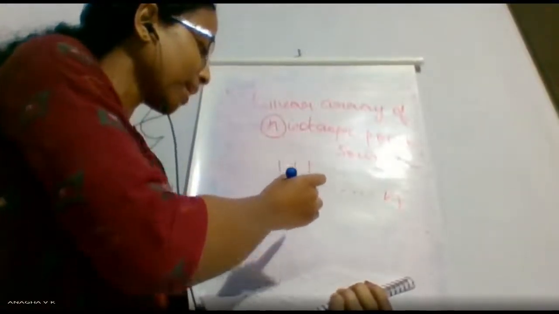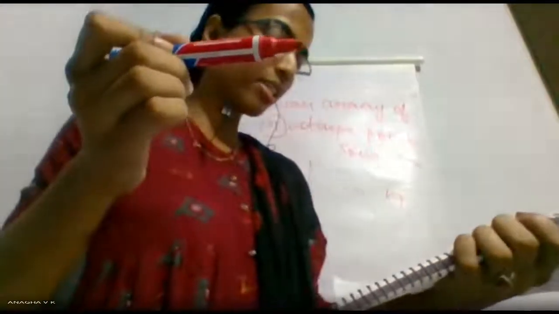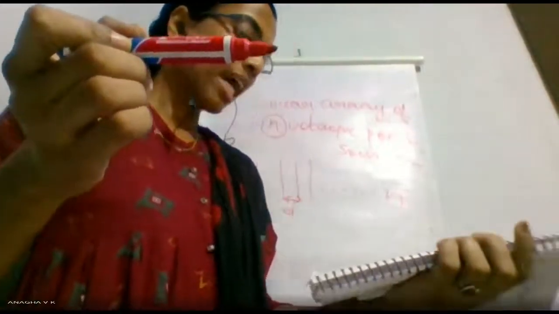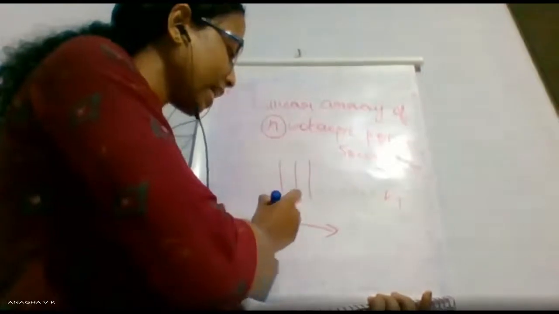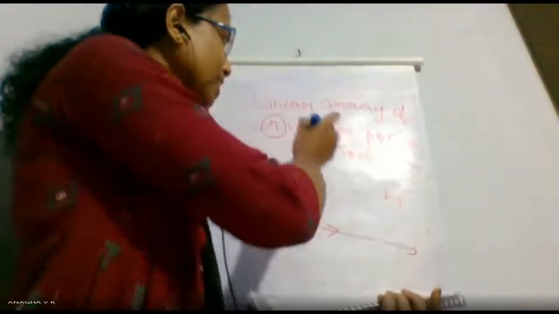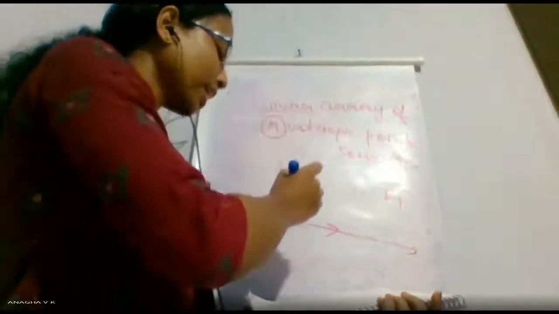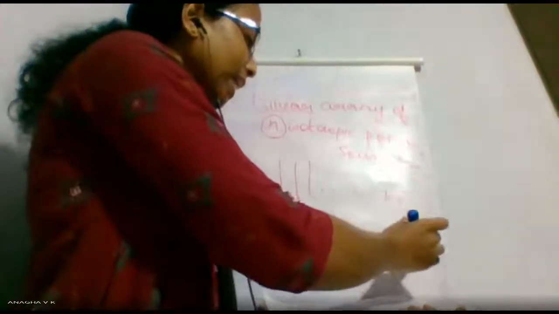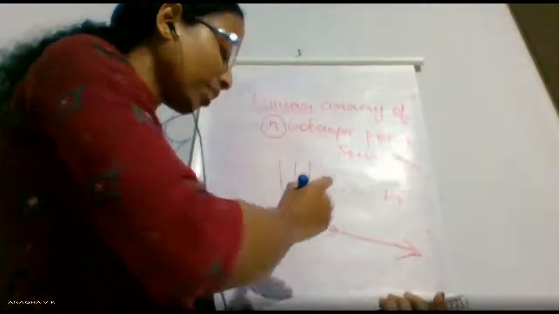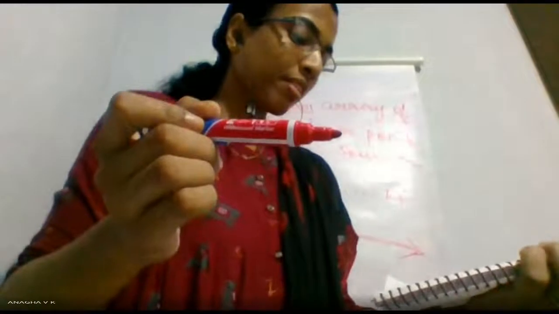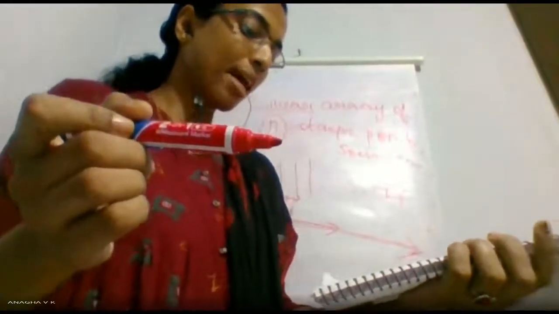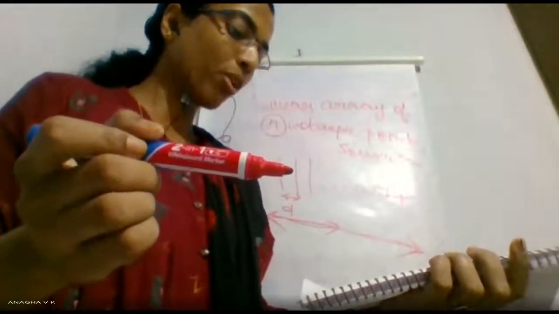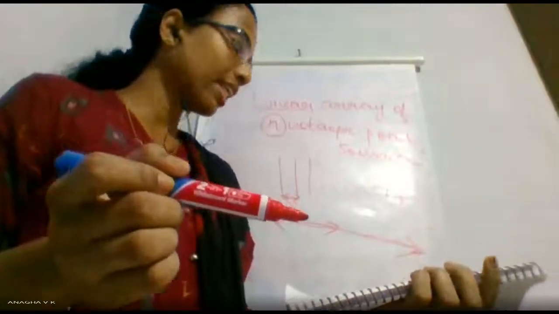The spacing D is uniform, and they are spaced equally in a line. It has the same amplitude and uniform progressive phase shift along the line.